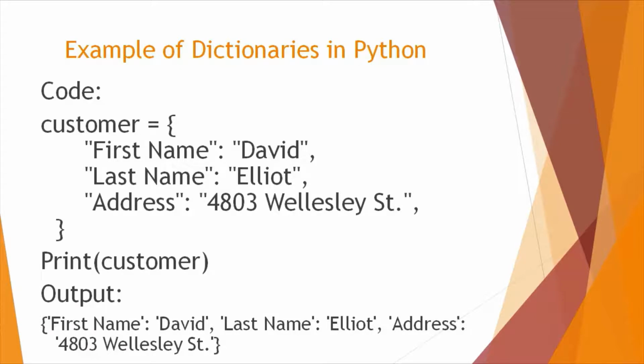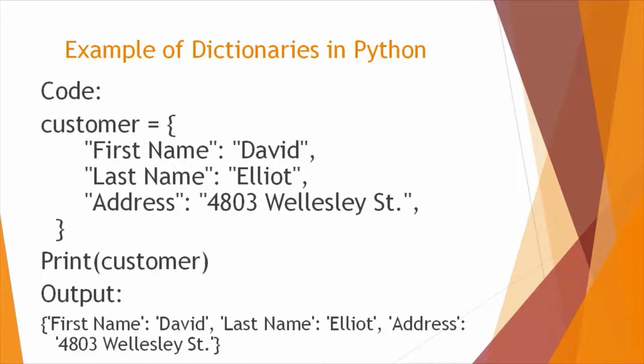And I'm closing the brackets here. Then I'm printing the dictionary. This is how you can print the dictionary, just by passing the dictionary name in the print function. And you will get the output like this at the bottom: first name, colon, David, comma, last name, colon, Elliot, comma, address, and that is it.